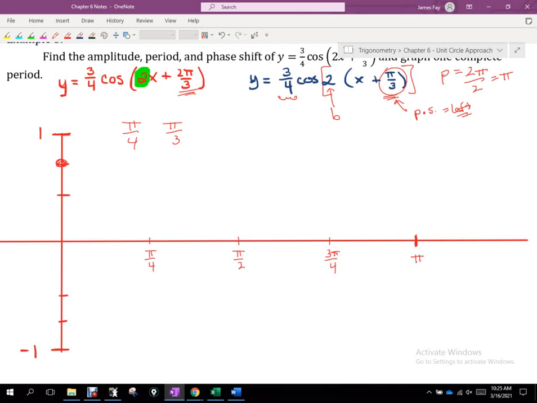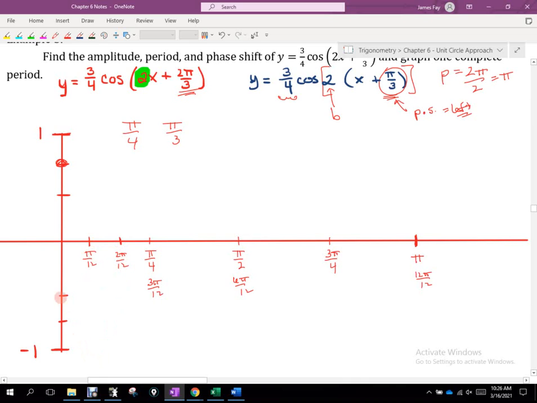So in terms of 12ths, this would be 12 pi over 12. This would be 6 pi over 12. And this would be 3 pi over 12, right? So that means this would have to be broken up into thirds, and that would be pi over 12 and 2 pi over 12.